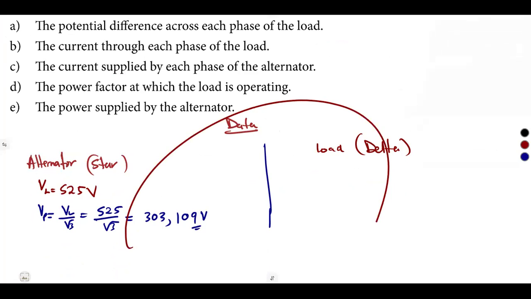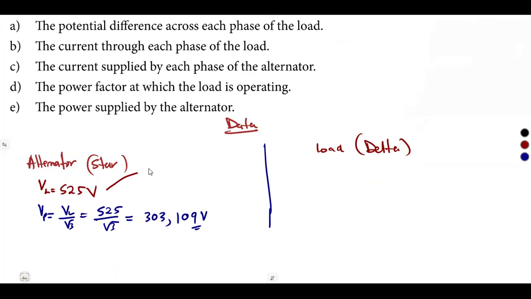Take note, what we are having on our question, they are saying the alternator supplies the load. So the line voltage here is the one that we are going to be seeing on the load. Remember, it is a star to delta. Just going to have something like this.